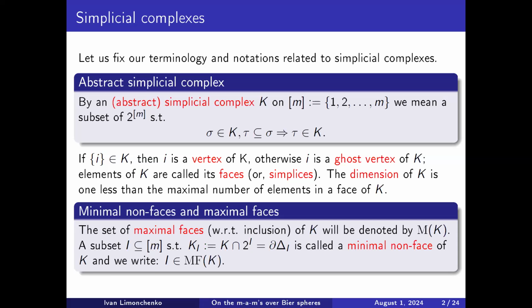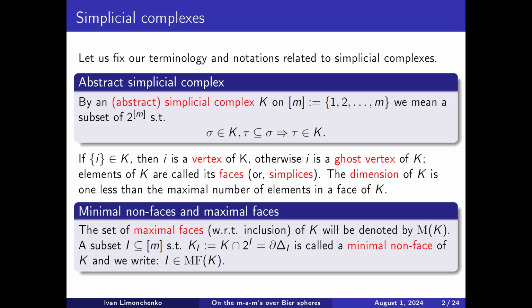Faces and simplices are actual faces and simplices, the elements of K, but I can also have minimal non-faces. This means a non-element of K which is minimal in the sense that all its proper subsets are faces in K. Speaking in other words, the full subcomplex corresponding to a minimal non-face I is just the boundary of a simplex.